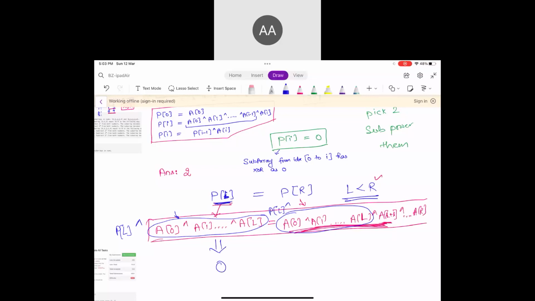And what will the right side reduce to? PL XOR PL will become 0, so it will be 0 XOR A of L plus 1 to A of R.